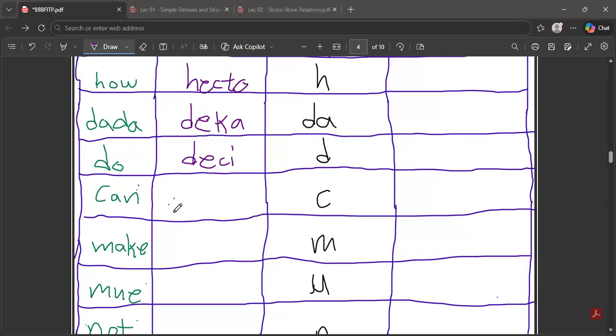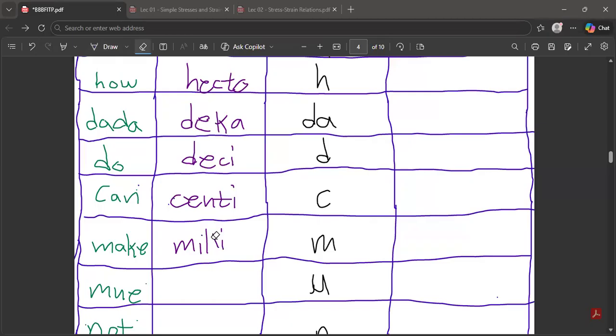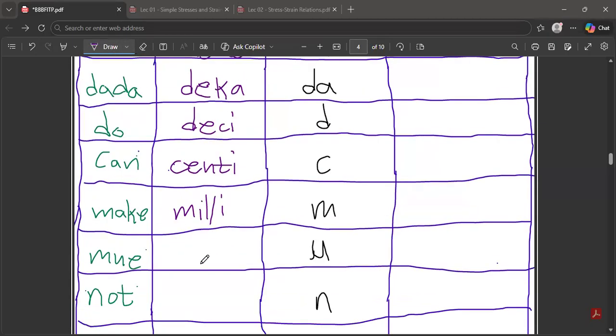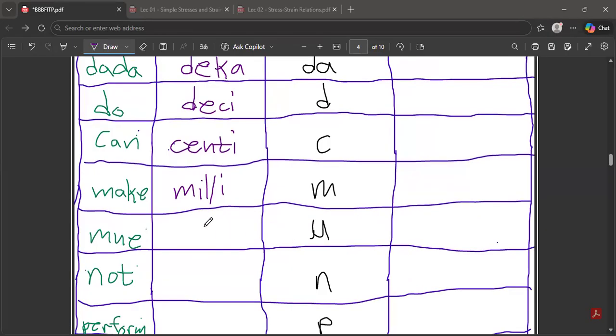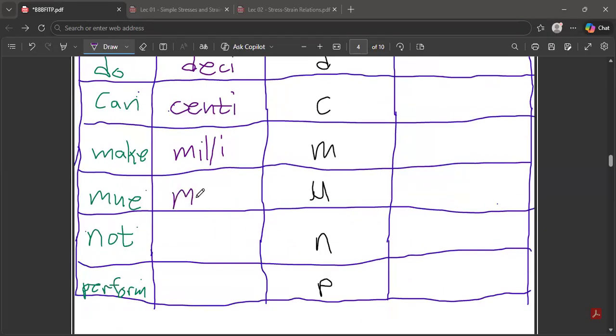c becomes our centi. The m becomes our milli. This becomes our micro, as we all know.